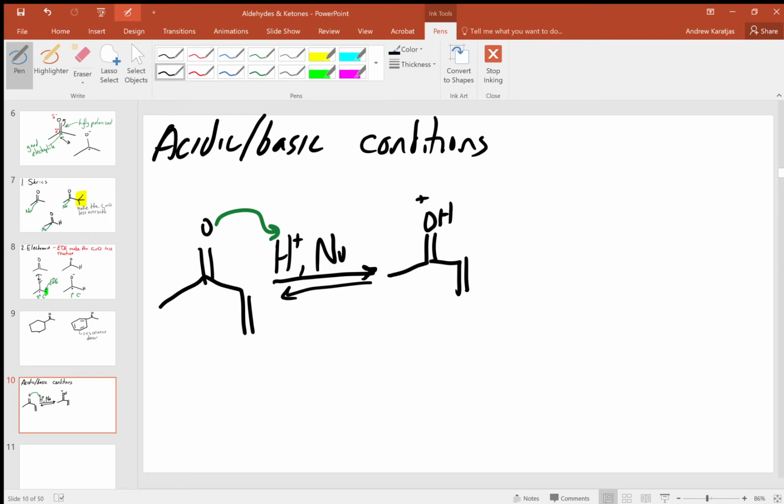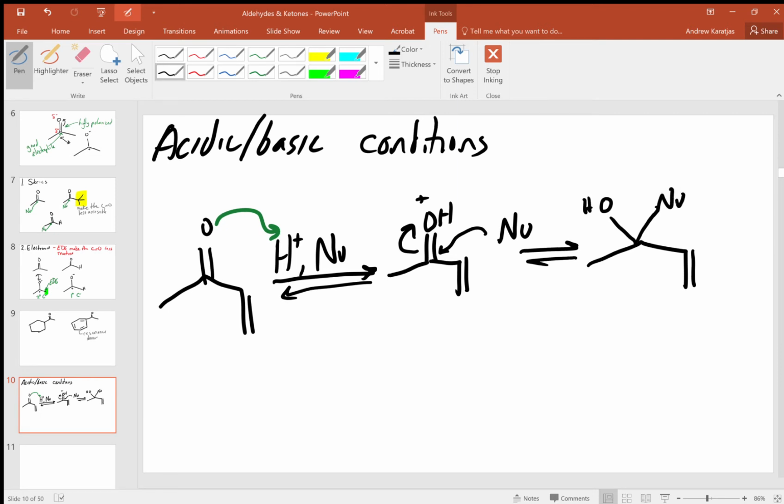From here, the nucleophile can do attack, electrons push up onto oxygen, and we get this alcohol and the nucleophile. This product here is known as the 1,2 addition.